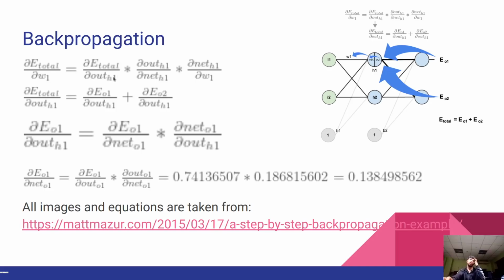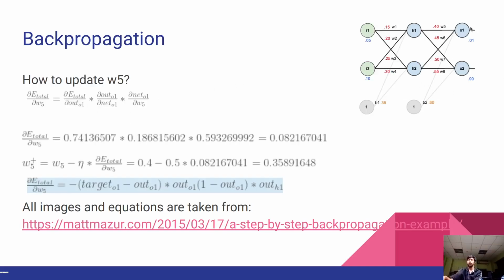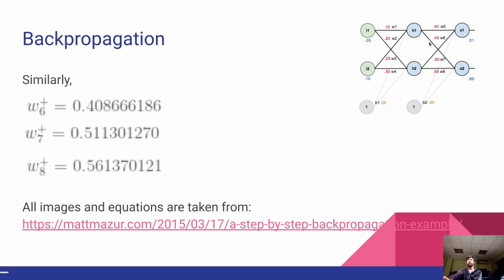We have to calculate E total with respect to out H1, then out H1 with respect to the activation function, and then that into dW1. Similar to the previous one, we calculate the error, E total into out O1, then the derivative of sigmoid, then the derivative with respect to W5. The same process.